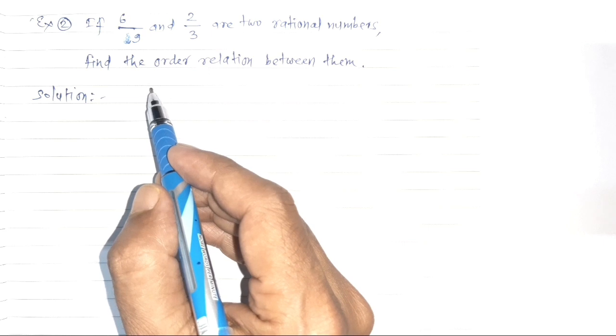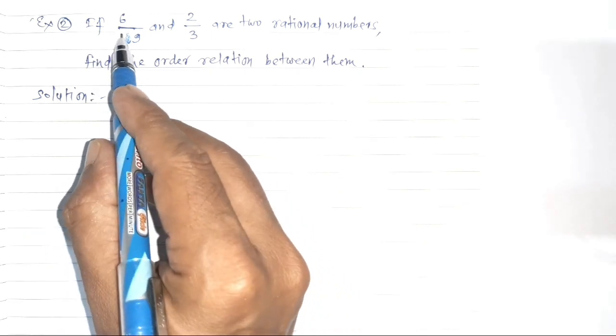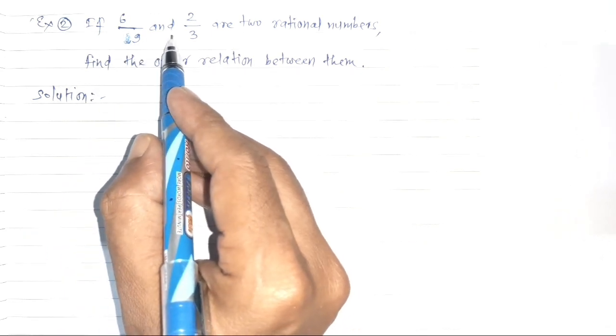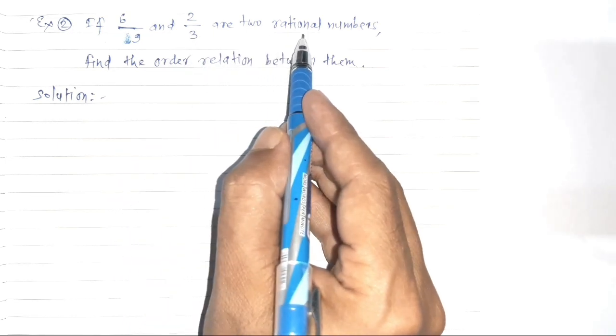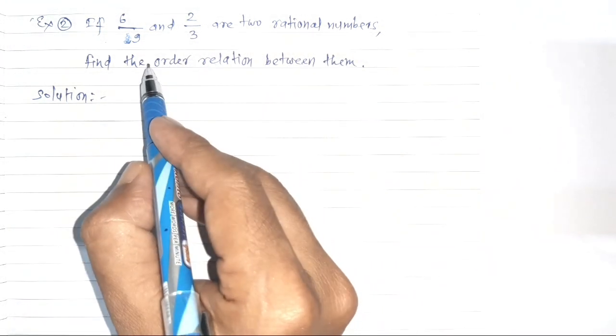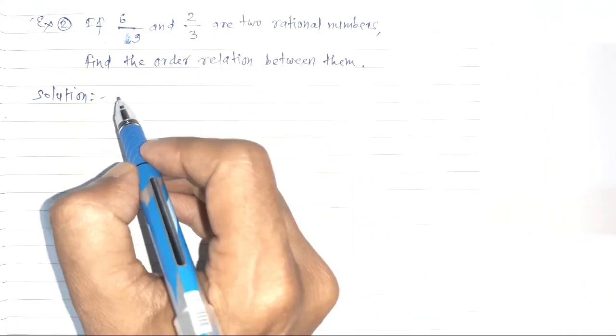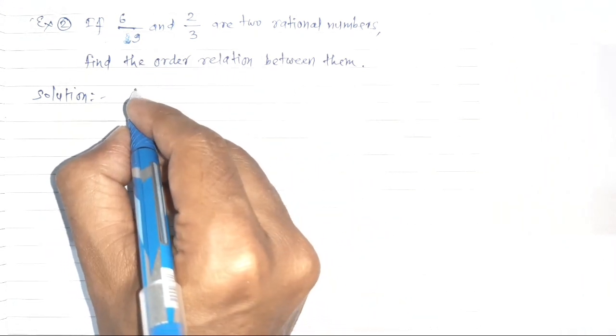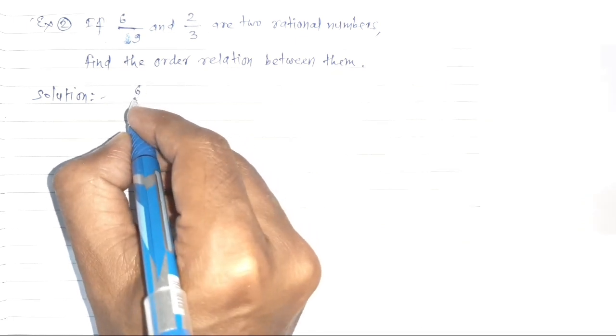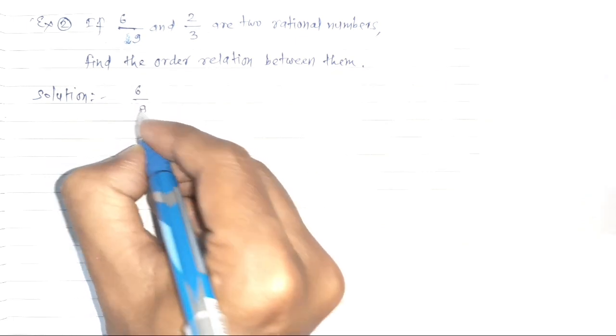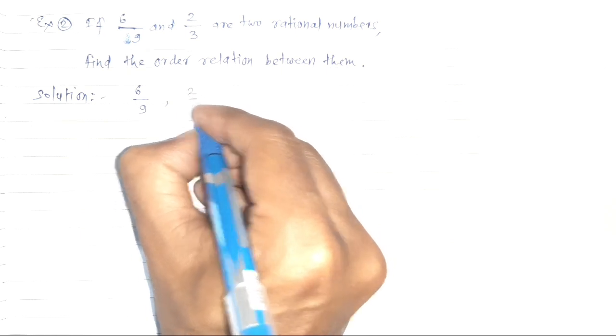We take a second example. If 6 upon 9 and 2 upon 3 are two rational numbers, find the order relation between them. Let me write these two rational numbers first: 6 upon 9 and 2 upon 3.